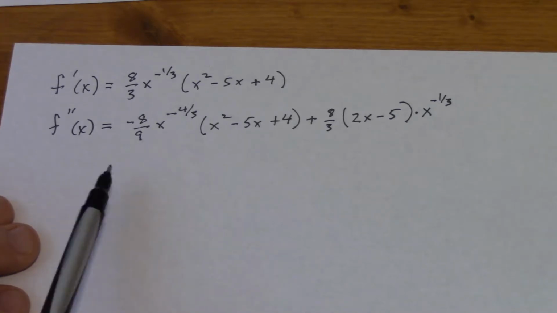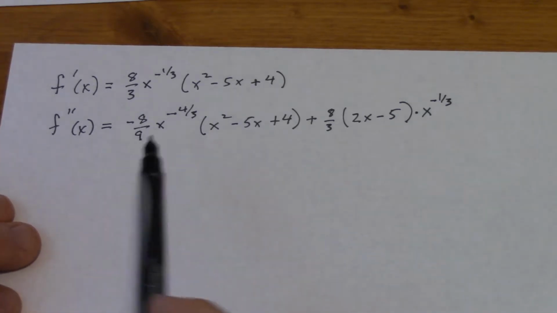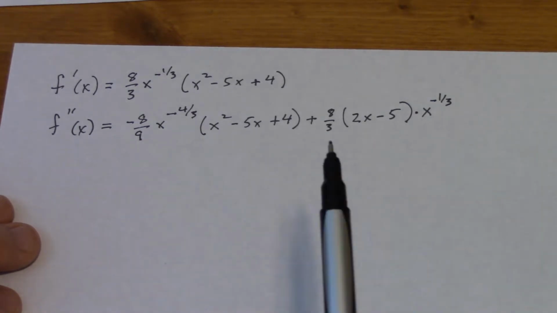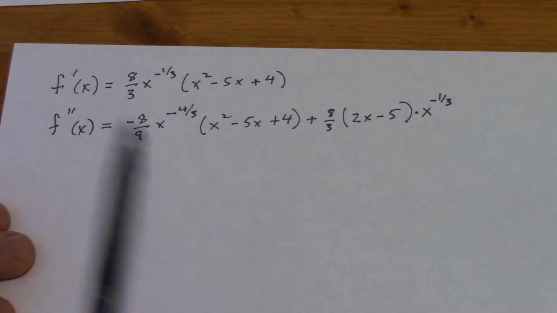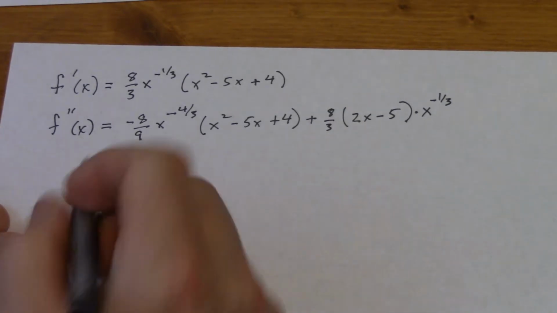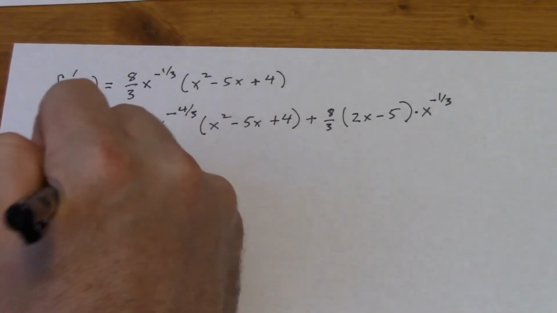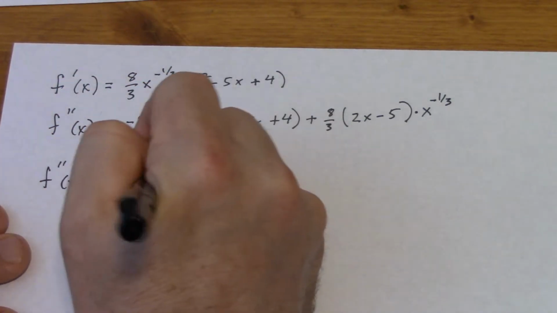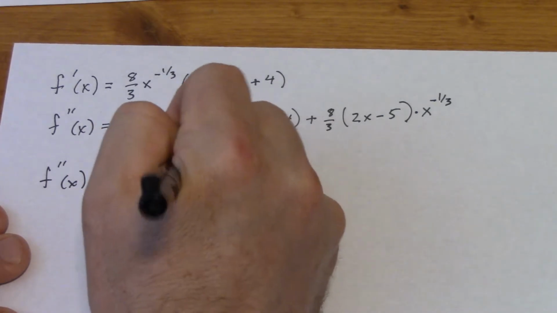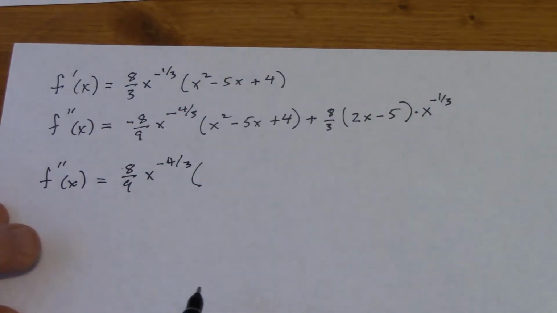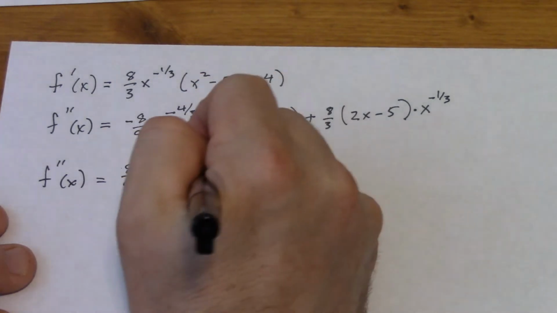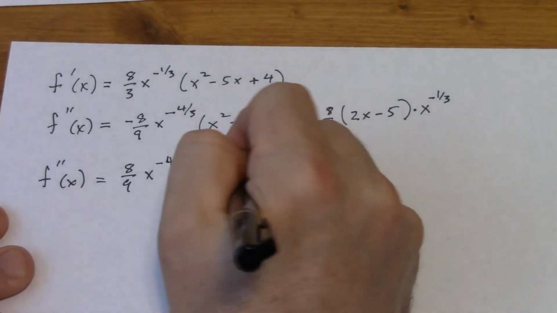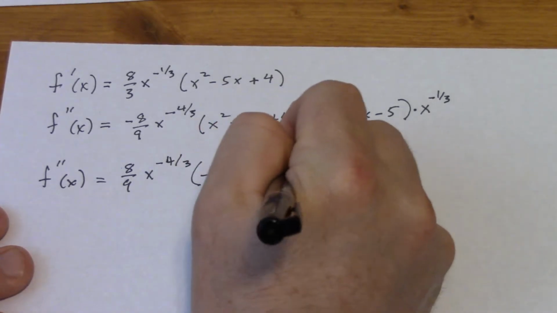I can factor an 8/3 out, but I have this extra third. So here's what I'll do. I'll factor an 8/9 out of both terms, and I'll have to multiply this one by 3, so 3 over 3. Okay, so 8/9 x to the negative 4/3. That minus sign stays with all of those, so it's going to be negative x squared, plus 5x minus 4.